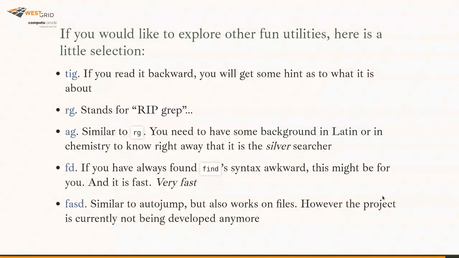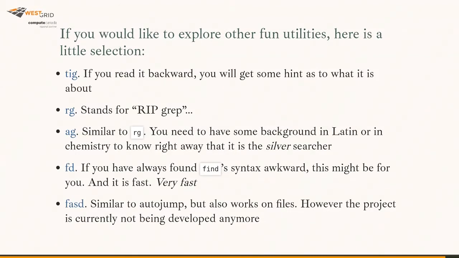And then I don't have time here to show you more tools, but here is a little list of utilities that I use often and that, if you're curious, you can explore on your own. There's TIG, which is a way to perform all your Git actions.